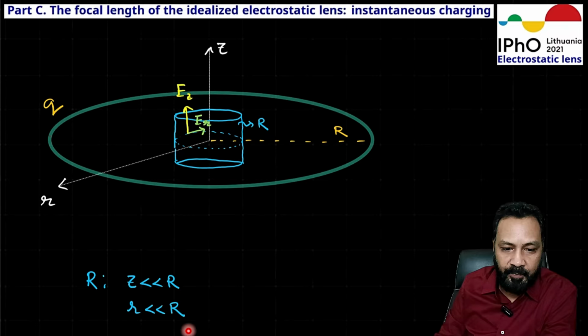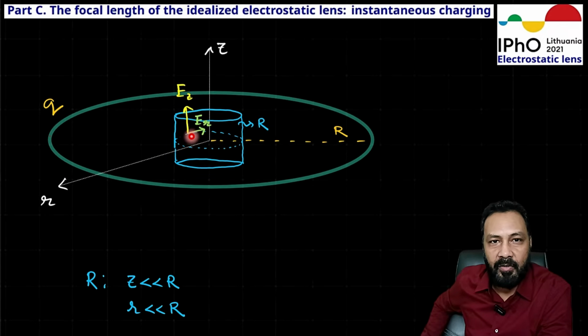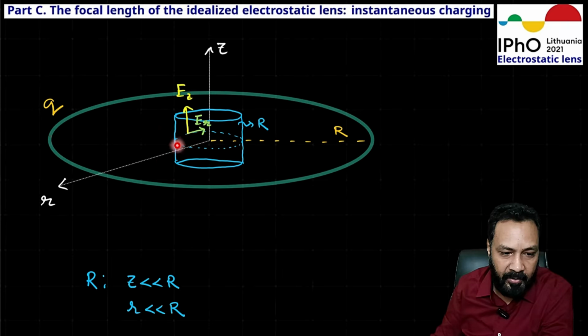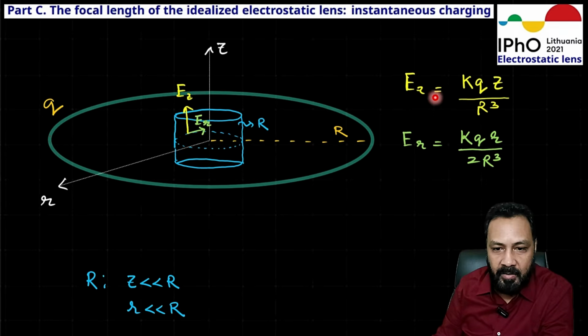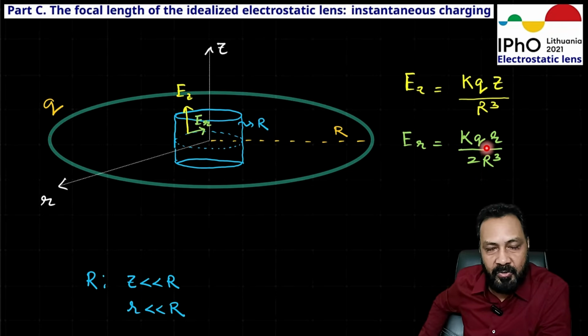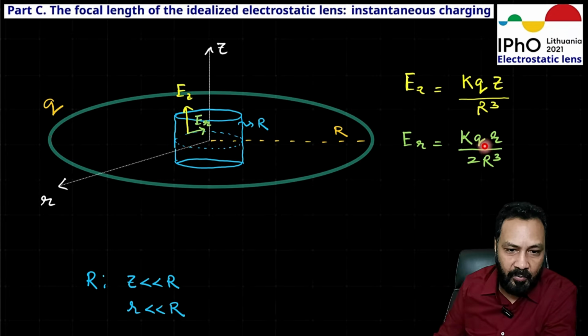So in this region, at any point we can write the Z component and the radial component of the electric field. The Z component was kqz by R cubed, and the radial was kq small r by 2R cubed. Once again, if the charge is positive, the Z component would be away from the center, and if the charge is positive, the r component would be towards the center. That's how it is.